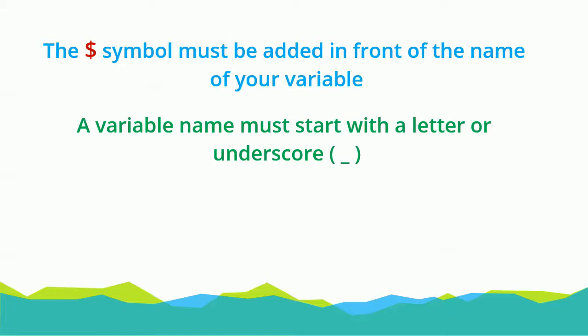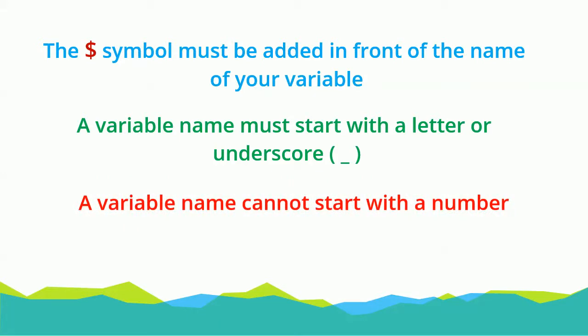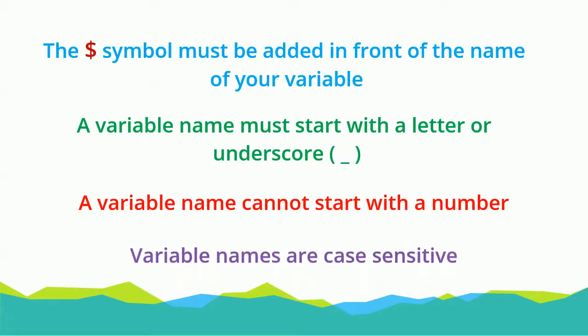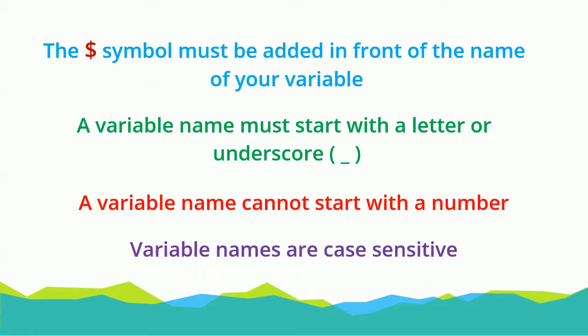And you must remember that the name of a variable cannot start with a number. You should also remember that variable names are case sensitive. Meaning that, for example, the name Amy with a capital A and the name Amy with a lowercase a are two different names.